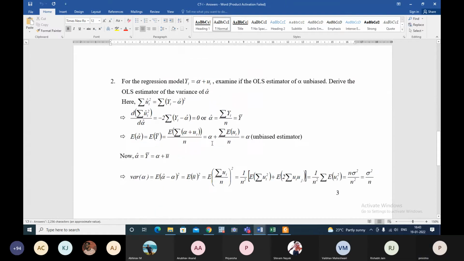So u hat i we can write as yi minus alpha hat, and this is what we need to minimize in the OLS method with respect to alpha hat, and as you differentiate, you get alpha hat as y bar.